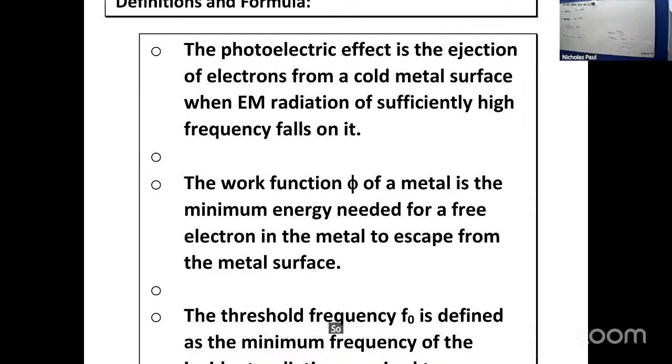So the photoelectric effect is the ejection of electrons from a cold metal surface when EM radiation of sufficiently high frequency falls on it. Does every word make sense? What would happen if the frequency is lower than a sufficiently high value?